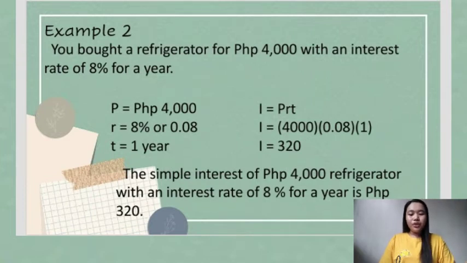Example number 2. You bought a refrigerator for 4,000 with an interest rate of 8% for a year. First, let's analyze the problem. For this problem, we need to calculate the simple interest, like in example number 1, and transform the interest rate, which is percent, into decimal. So the decimal of 8% is 0.08.